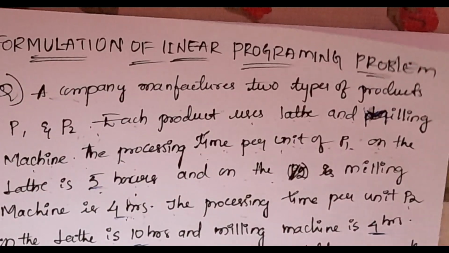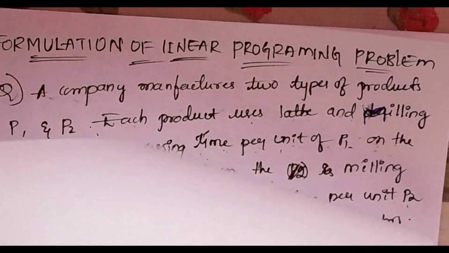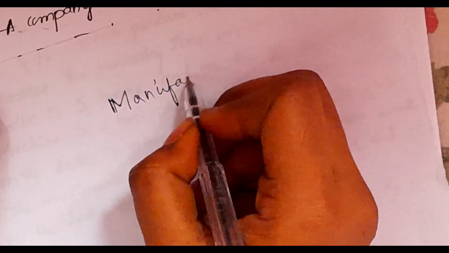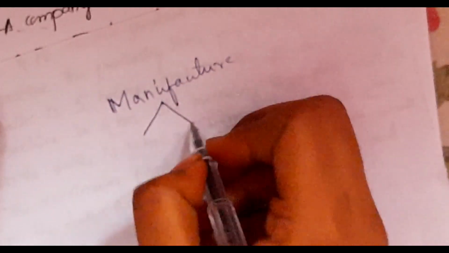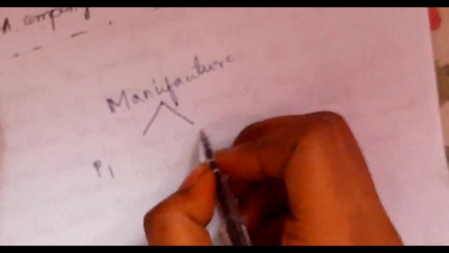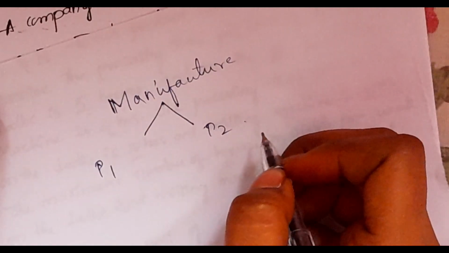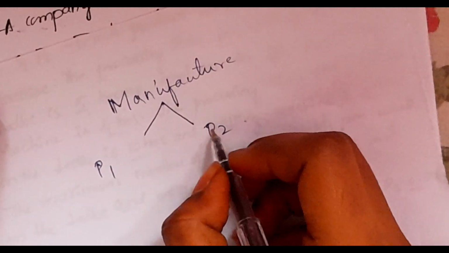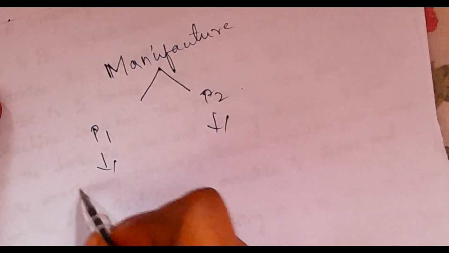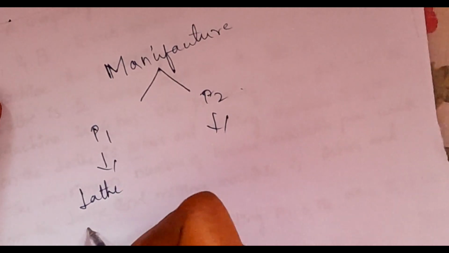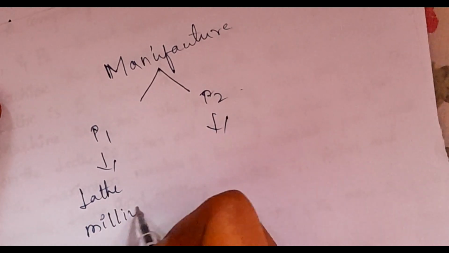So for understanding purposes, a manufacturing company produces two types of products, P1 and P2, right? Each product uses two types of machines, lathe and milling machine.